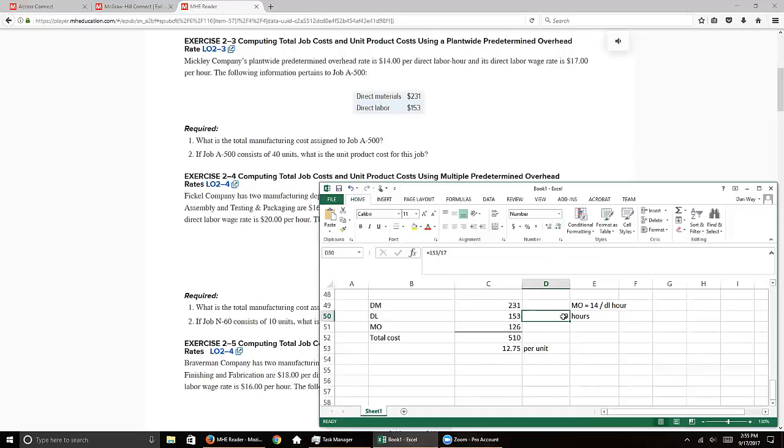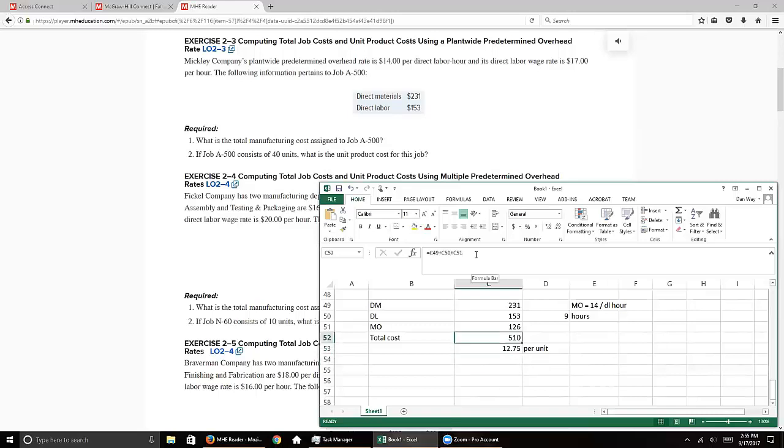And then I used that actual activity to apply overhead: $14 per direct labor hour times those 9 hours actually incurred. And there's my applied overhead cost of $126. Okay, got it.